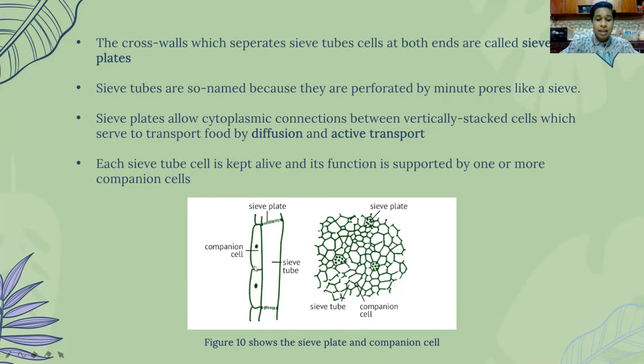As you can see here, a sieve tube is separated by a sieve plate, which has holes like a sieve. So the substances or the food that flows through diffusion or active transport will flow through the sieve plate. We also have a companion cell which keeps the sieve tube alive.